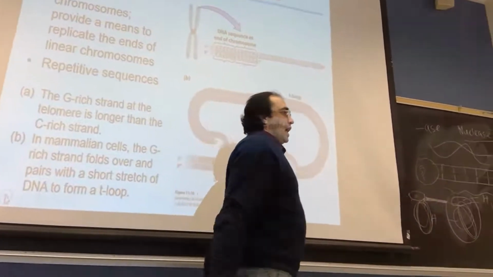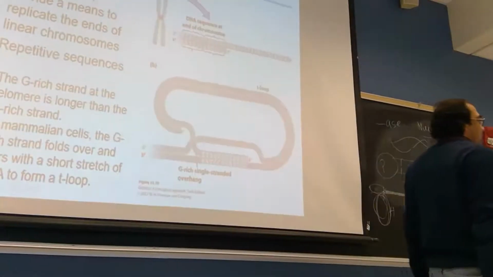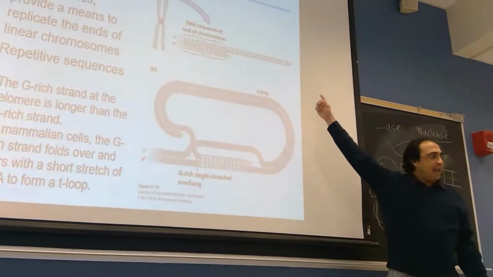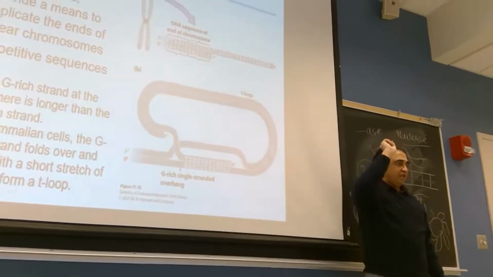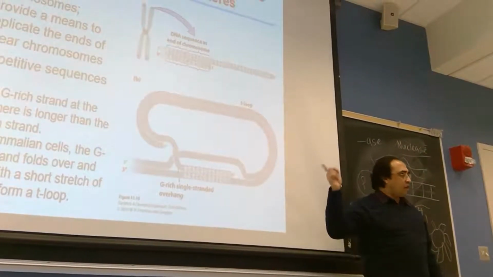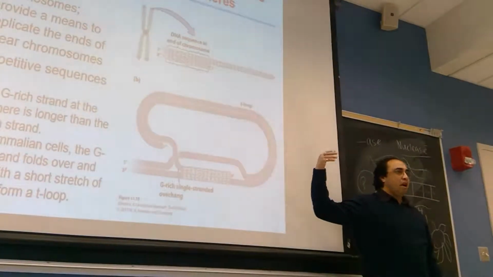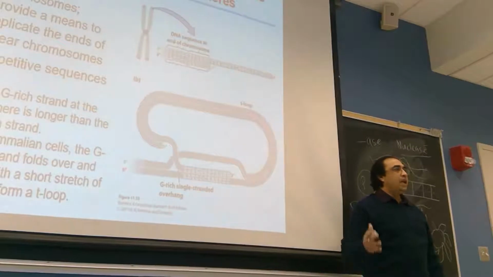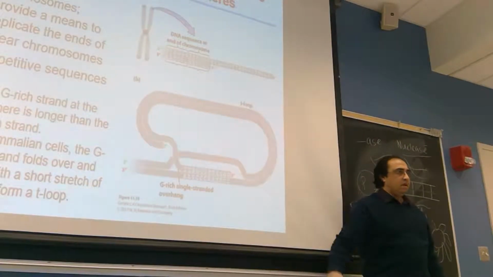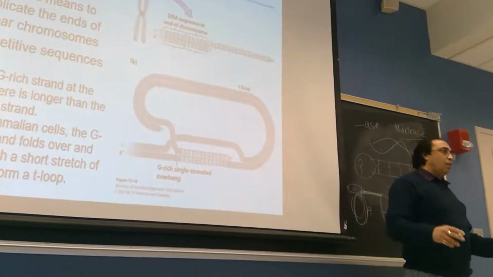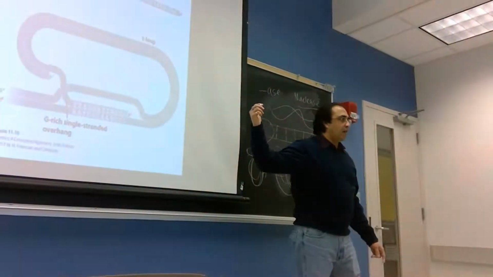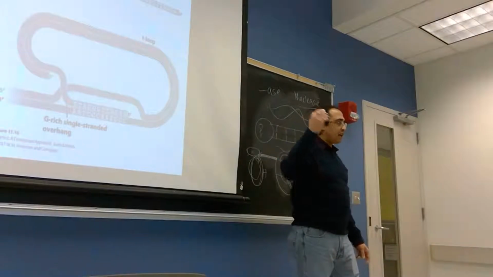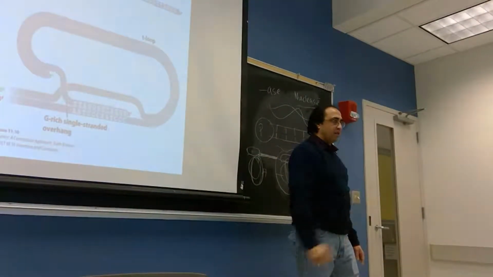Now the problem is that during each and every cell division, this hanging part of the DNA is not replicated. That means that part is lost from the chromosome. It is being shredded off. So the chromosome length we had at birth, we don't have right now, because with each and every cell division it is getting shortened.